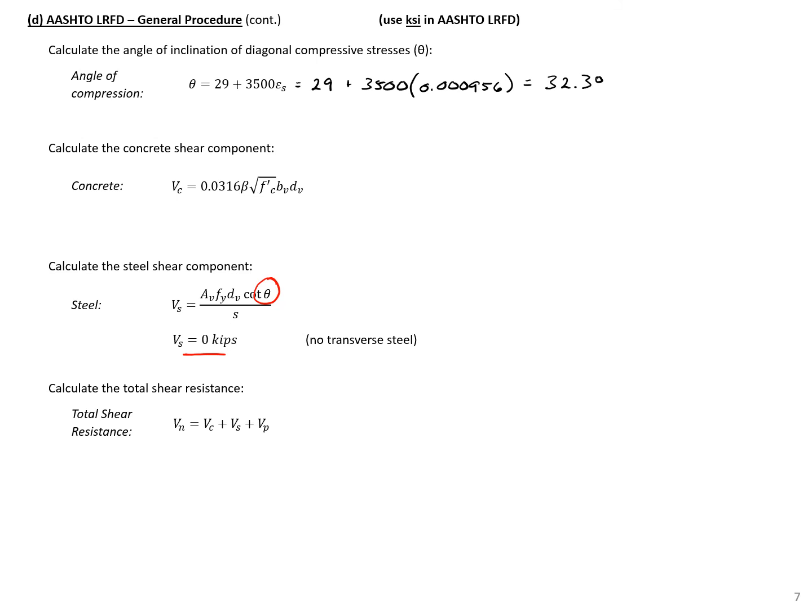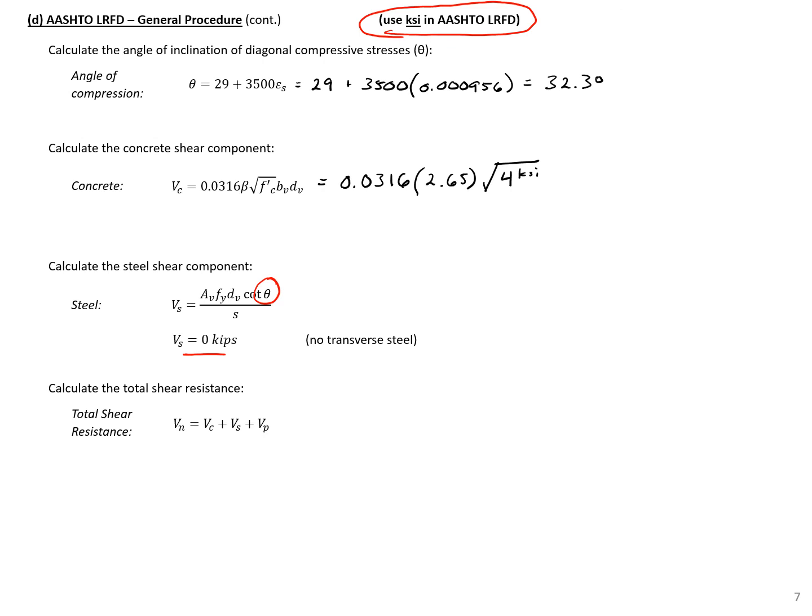we can use our beta to find our V sub C. So our V sub C here is going to be 0.0316 times our beta, which we found on the previous slide, 2.65, times the square root of f prime c. In AASHTO, all of our units are KSI.